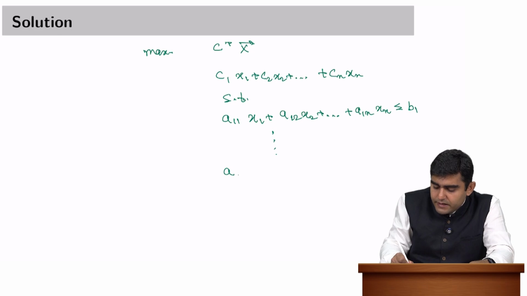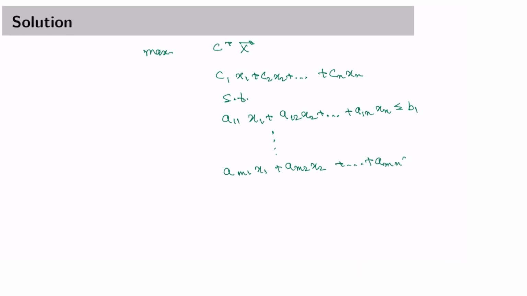I can write this as Am1 x1 plus Am2 x2 again all the way till Amn xn less than or equal to Bm. So again, a very simple straightforward optimization problem.